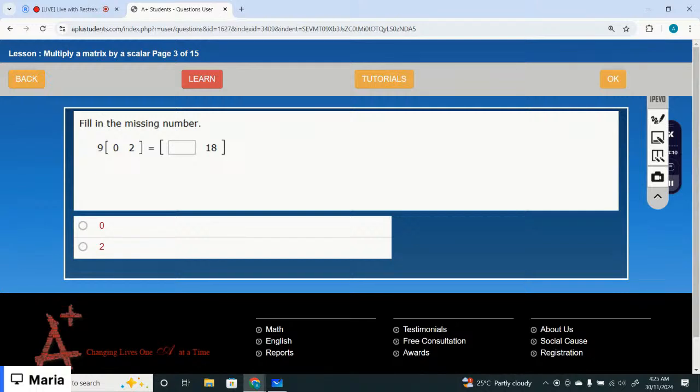Fill in the missing number. That is 9 times 0, which is 0. So option number 1 is the correct option.